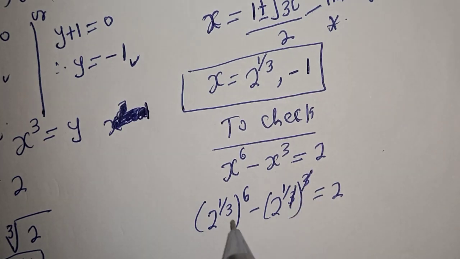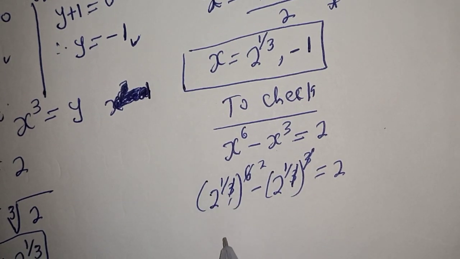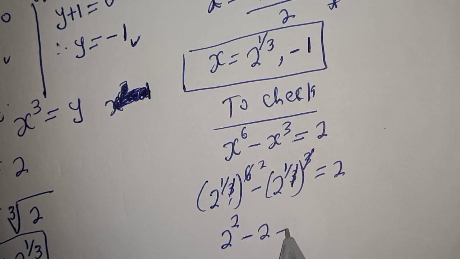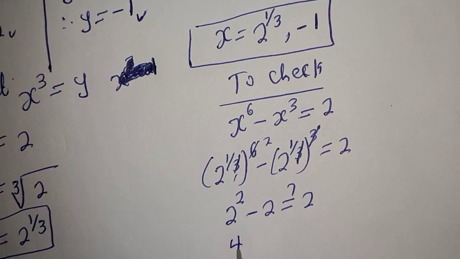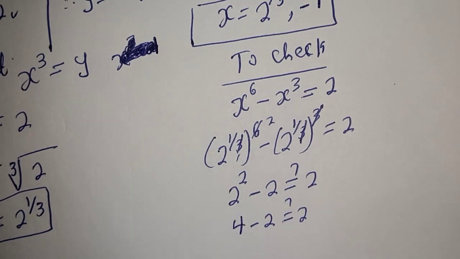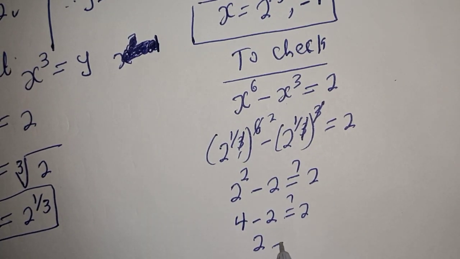This will cancel this. 3 here 1, 3 here 2. So here is 2 raised to power 2 minus 2 must be equal to 2. 2 raised to power 2, that is 4 minus 2 must be equal to 2. 4 minus 2, this is 2, is equal to 2, which is true for the solution.